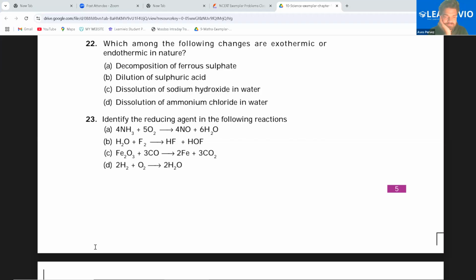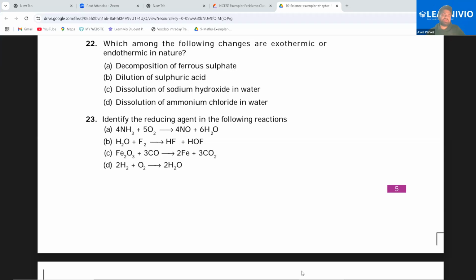Yes. And C is carbon, Cu. And D is hydrogen. So let's check this one. This is an important question, so you might get stuck here. So let's discuss these questions.